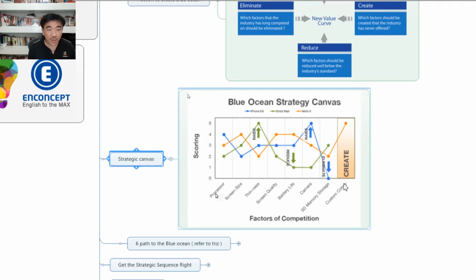Or you improve the camera, like iPhone improved the camera so it's better than others. Or you can create a completely new value that people don't offer, like Motorola. You can go to the website and customize your own color, and the manufacturer will automatically do the coloring and send the customized color to you.